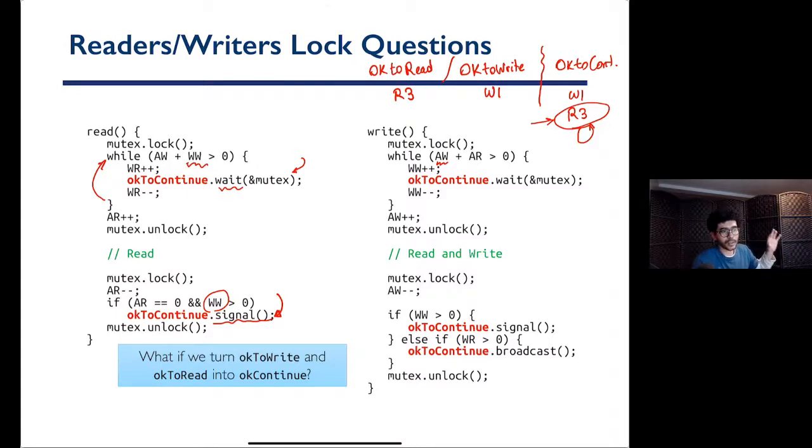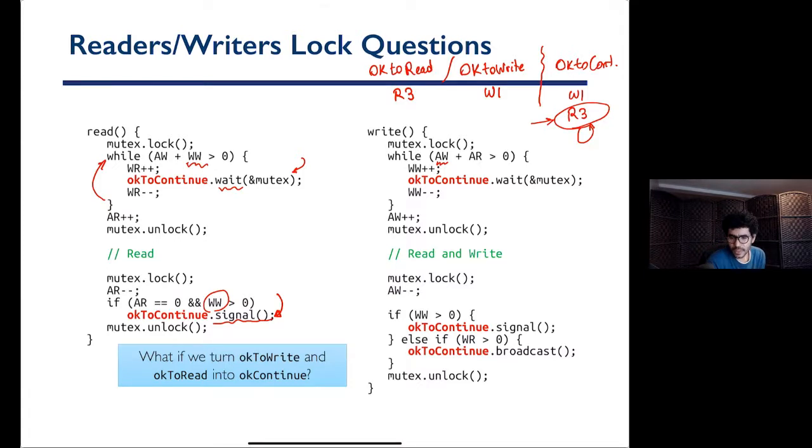So it still keeps your system safe, meaning that it doesn't allow 2, for example, writers to access the database, or a reader and a writer. But when it comes to liveness, this is not going to be meeting the liveness property.